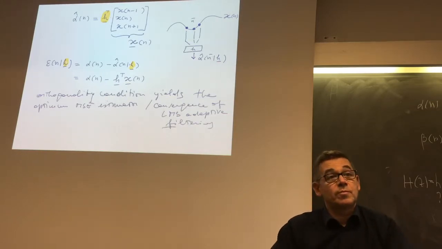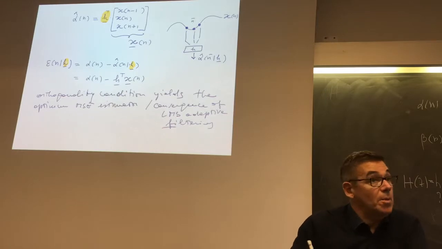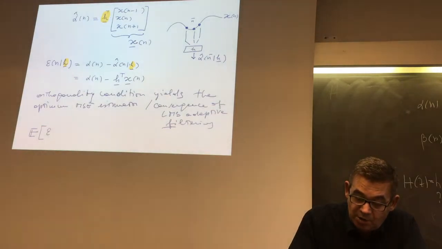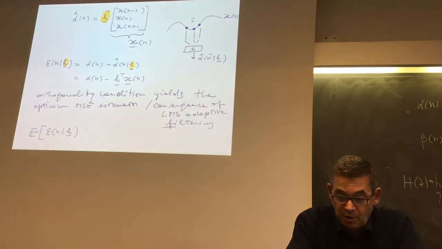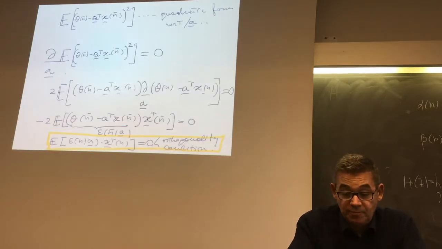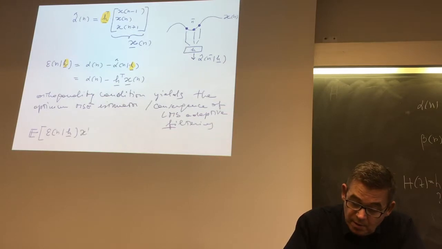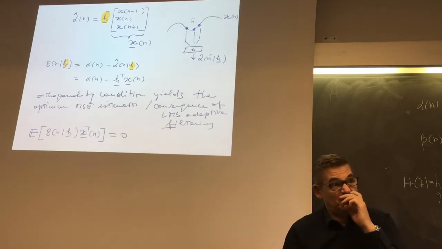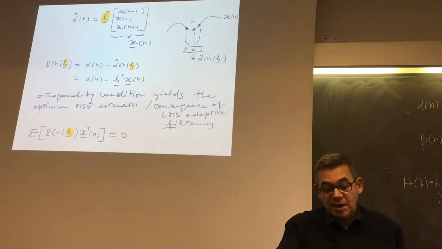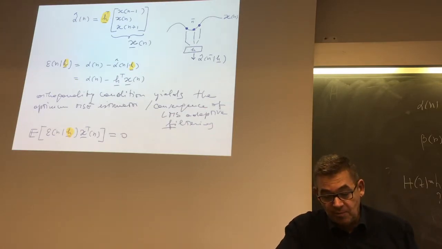Which is the same. So now let's impose the orthogonality condition. So the orthogonality condition says that I need to calculate the orthogonality between the error, that depends on h, times x transpose, equals 0. That's my unknown. Always keep present what is the unknown of the problem.